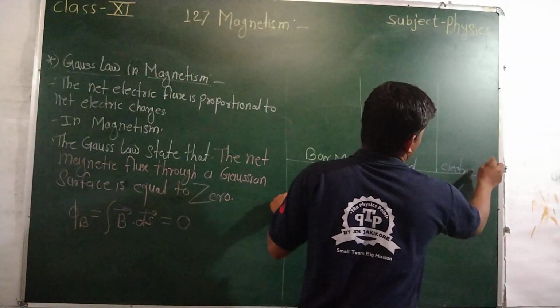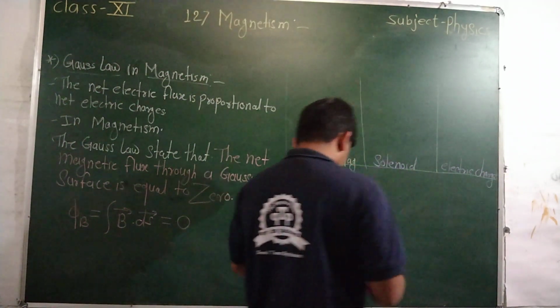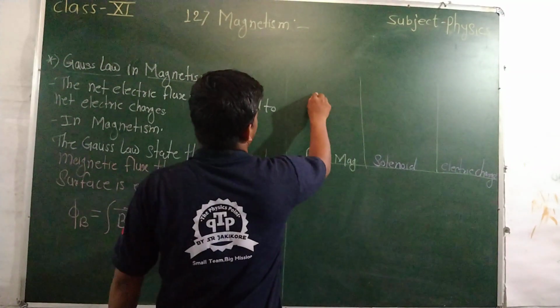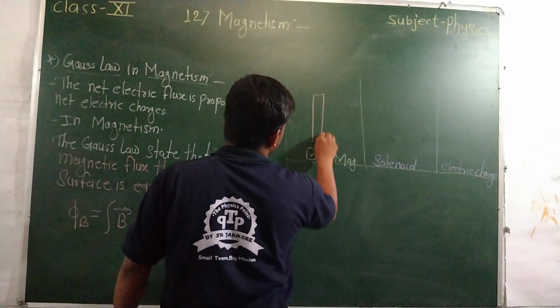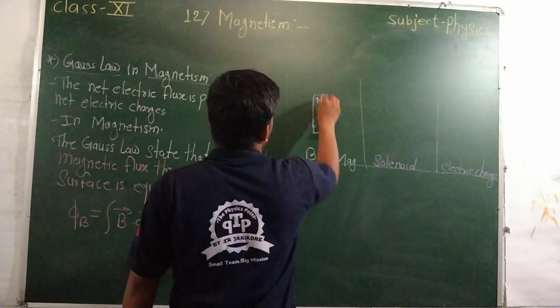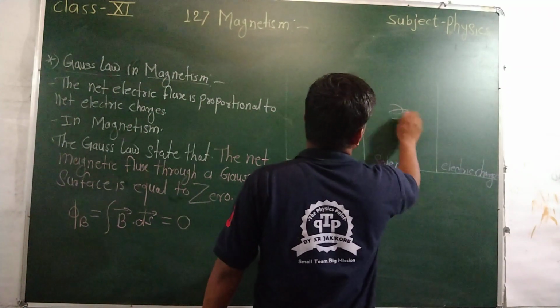Electric charge. Then I will draw a bar magnet here. This is our bar magnet, that is north and south poles, and this is one of the solenoids.